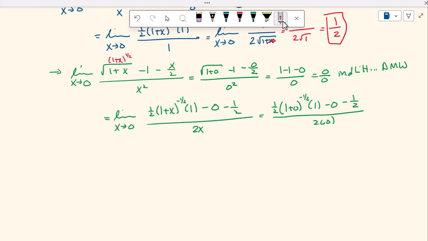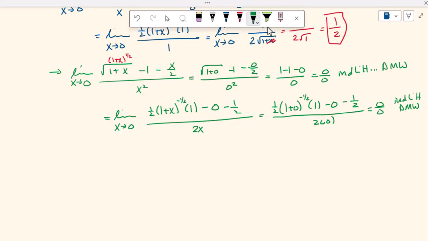Let's analyze this. This is 1 to the negative 1/2. 1 to any power is 1. Half of 1 is half. Half minus a half is 0. So I get 0 over 0 here, which is indeterminate L'Hopital's, which means to do more work.